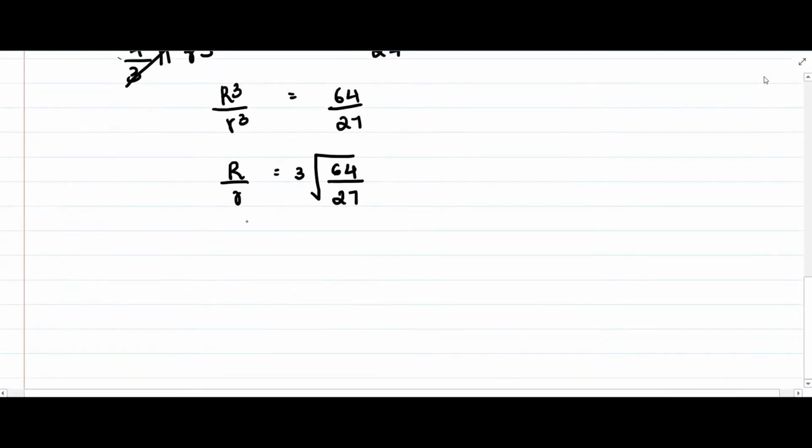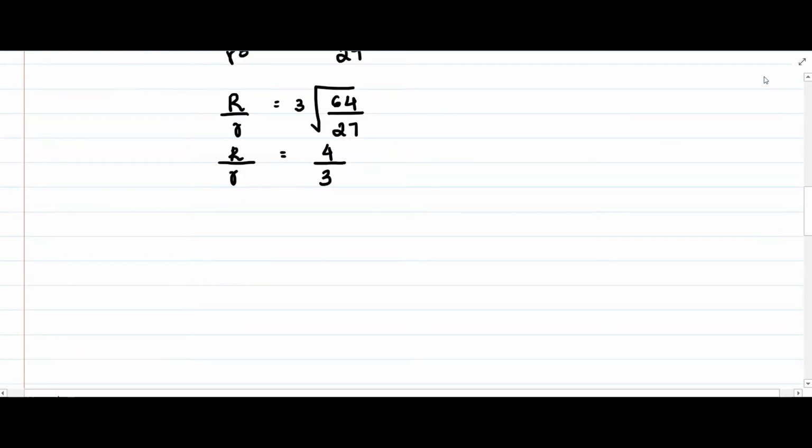So cube root of 64 is 4. We can write 4 by 3. So we have capital R by small r equal to 4 by 3.